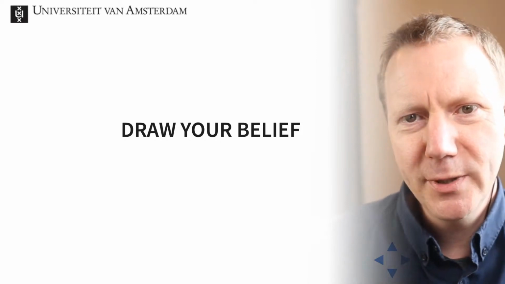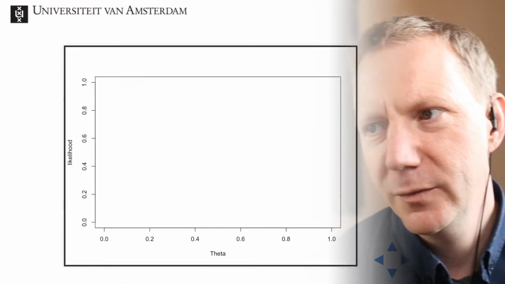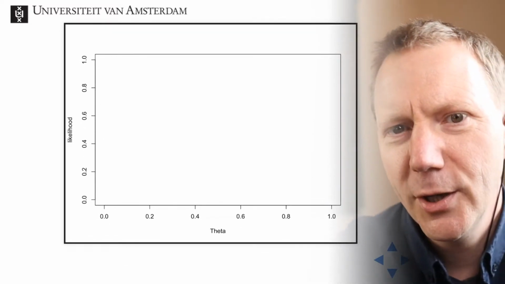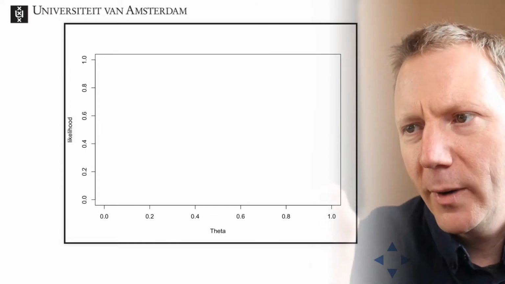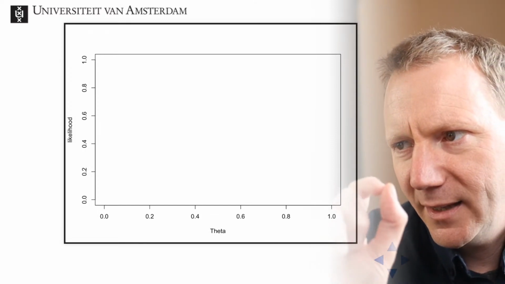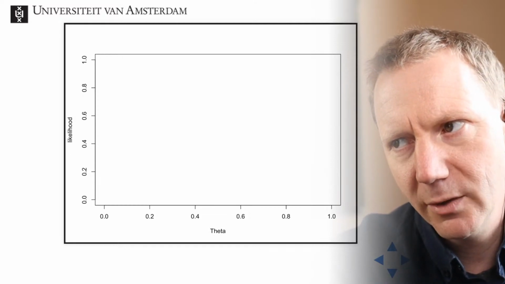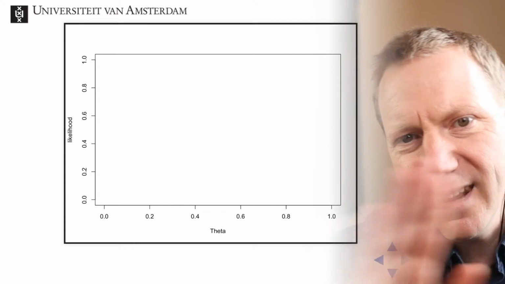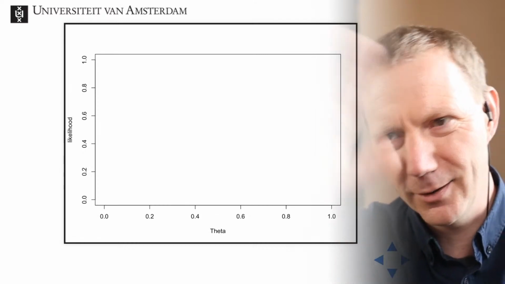So what I want you to do is get a piece of paper and draw your belief in the following way. You're going to draw a graph with an x and a y axis, where on the x-axis you have the values of theta, being 0 to 1. It can be anything in between, so you're going to draw something like a line or whatever.